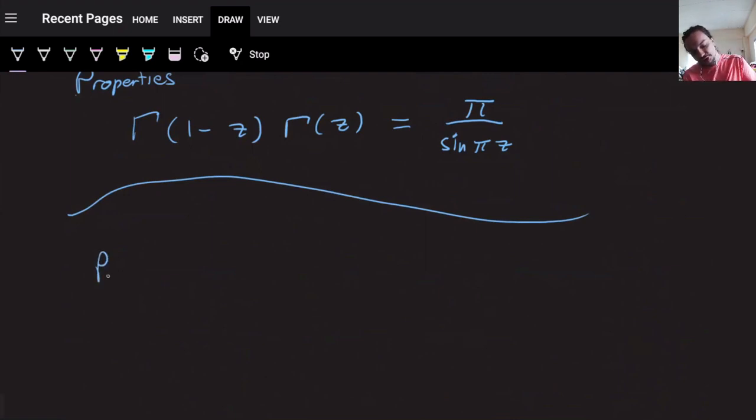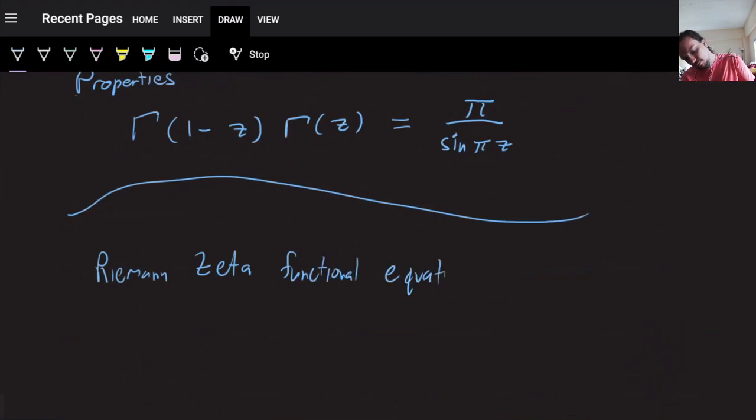This guy leads us to something even more crazy. So for those of you who have heard of the Riemann hypothesis, the Riemann hypothesis is about the Riemann zeta function and what its zeros are.